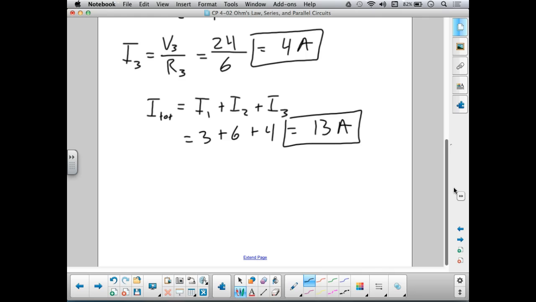So I've made 2 examples that happen to end up with the same total current. Total current will not always equal 13, but in both of these cases it has. And so whatever your currents are through each of the individual branches, they will add up to a total current through the circuit, which is total current through the battery.